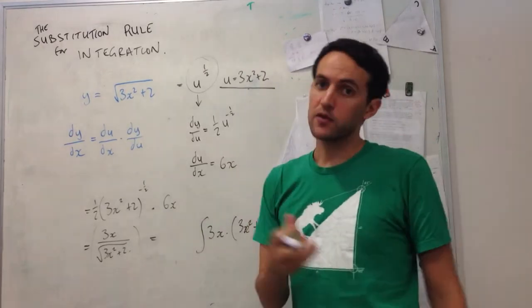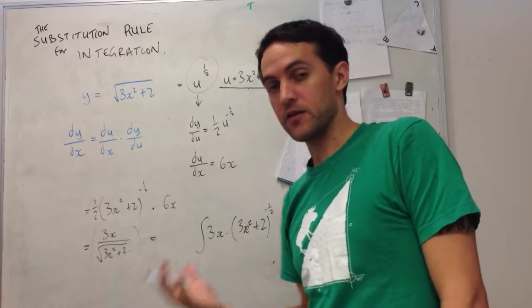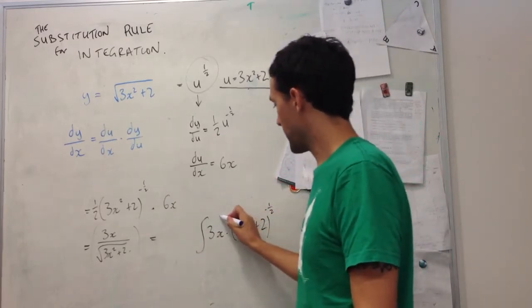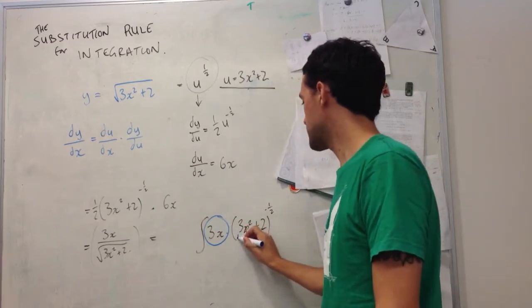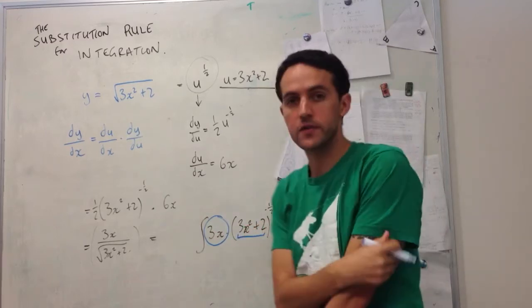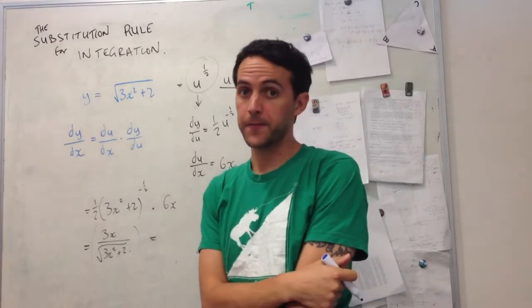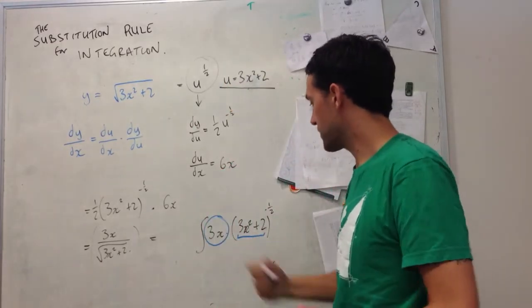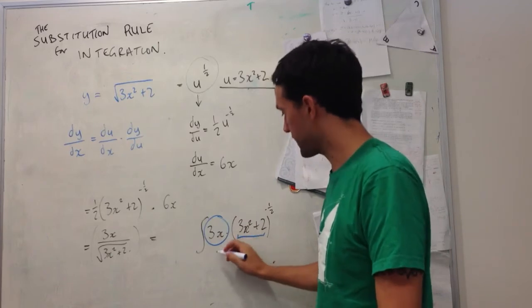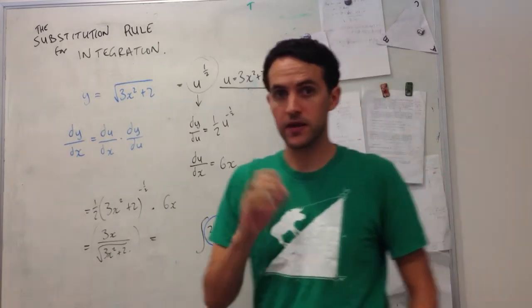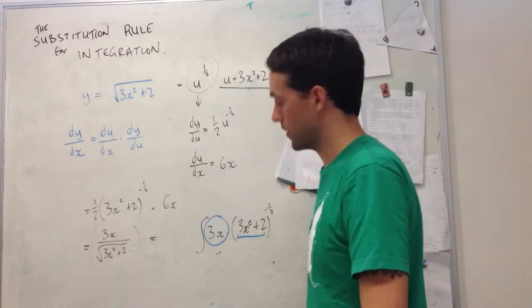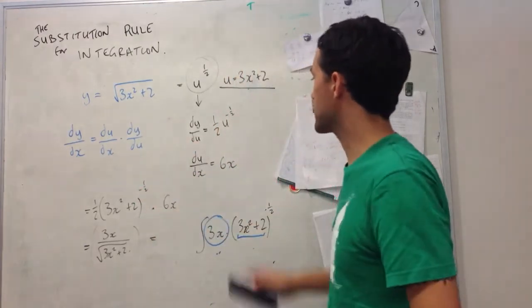When we're going backwards, what we need to recognize in order to use the chain rule is that we have a function here which is some multiple of the derivative of what's inside there. So that we can then say, okay, I recognize that I have the derivative out here, and that's how I make a substitution. We want to keep that in mind when we look at this rule for integration.